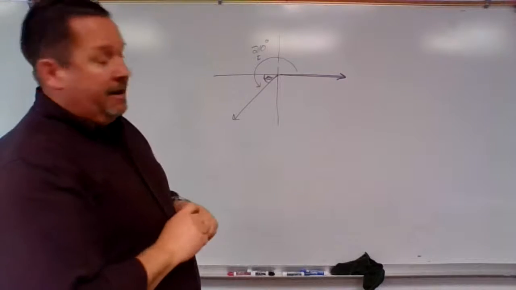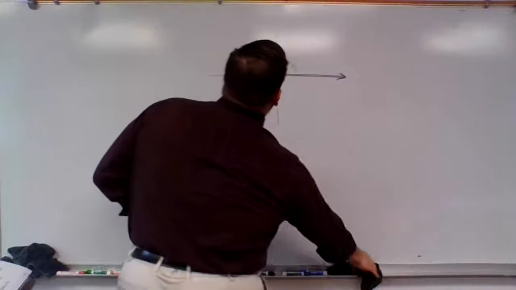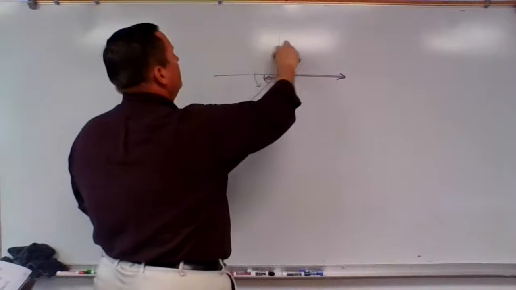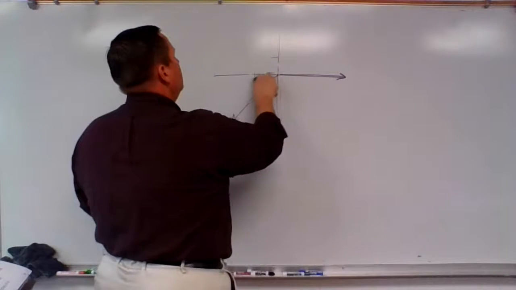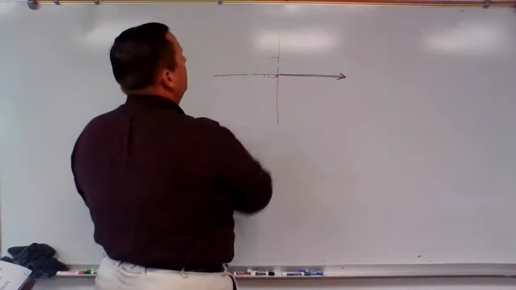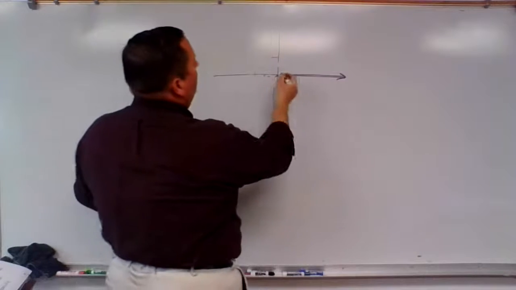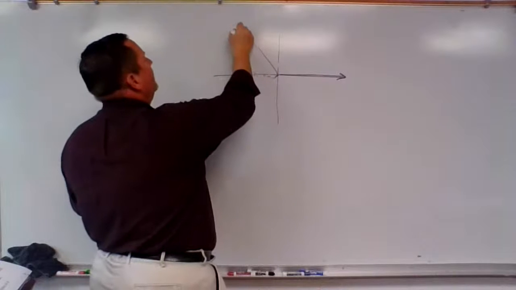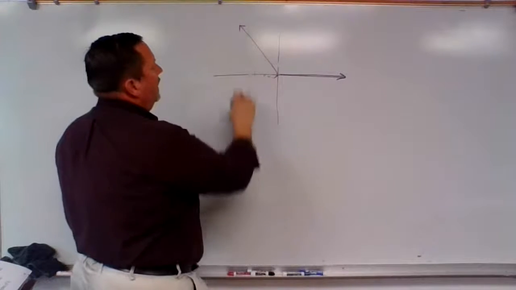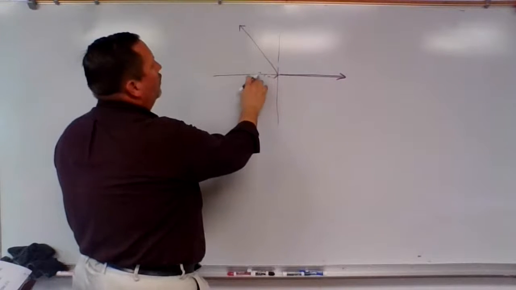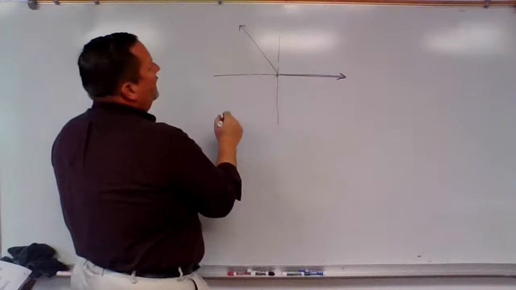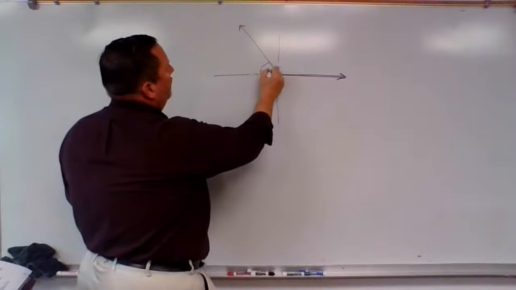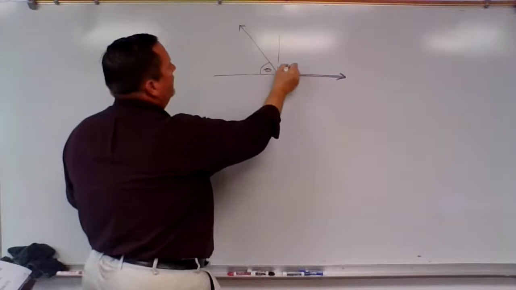On the other hand, if the reference angle were up here in the second quadrant, let's have an angle in standard position that terminates here. I always make the reference angle with the x-axis. So in this case, this would be my reference angle theta.